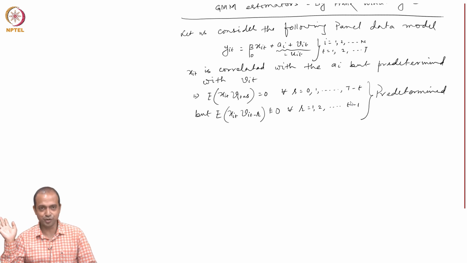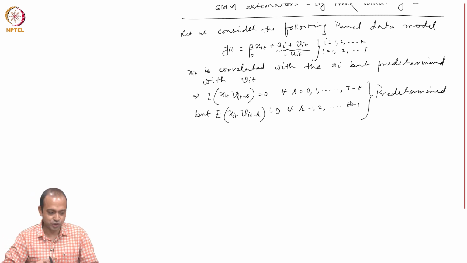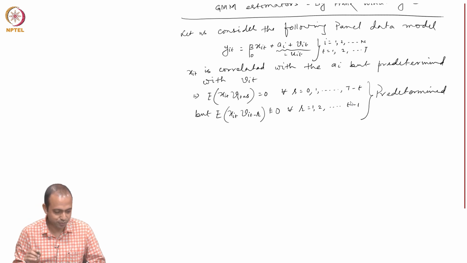And an endogenous variable is related with the present as well as the past. That is the difference between predetermined, endogenous and exogenous variables.